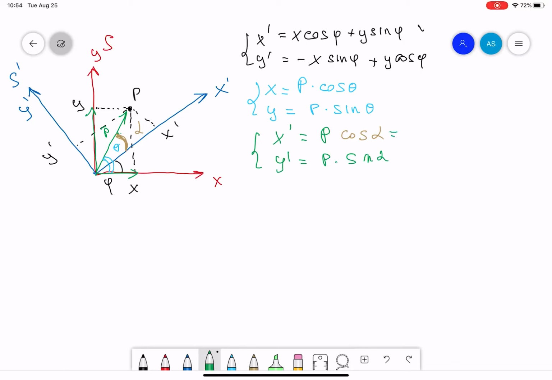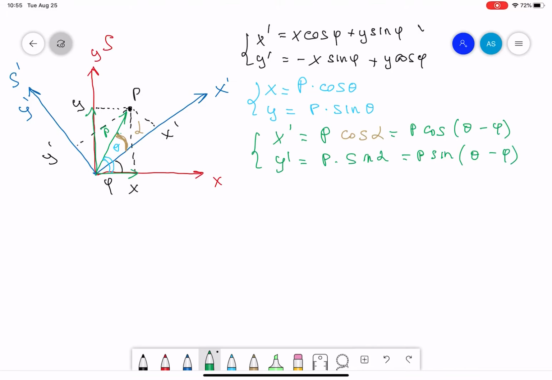So x dash is P cos of theta minus phi, and y dash is P sine of theta minus phi. Now we have the components x and y, and also the components x dash and y dash. As you can see, P is not changing, so the P vector is the same.